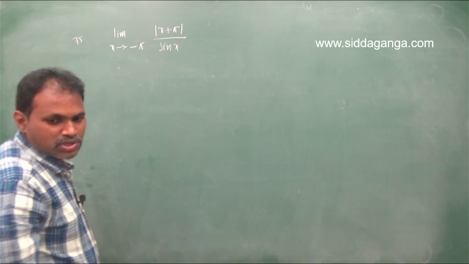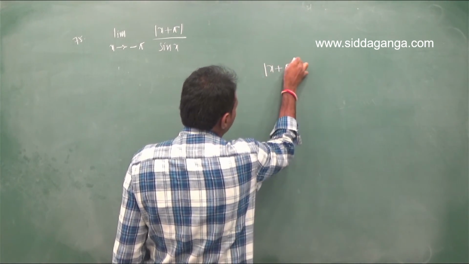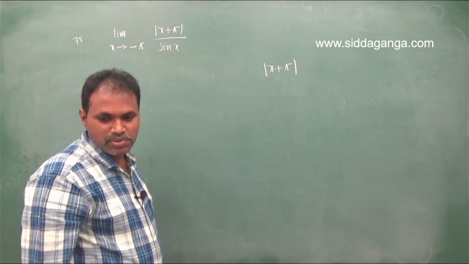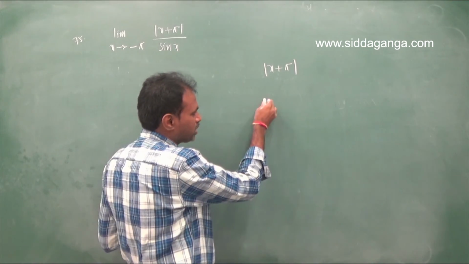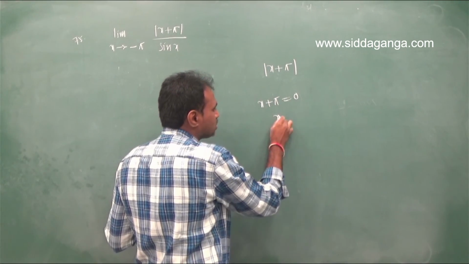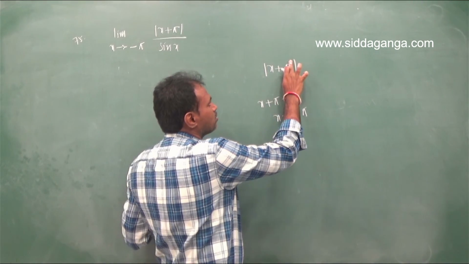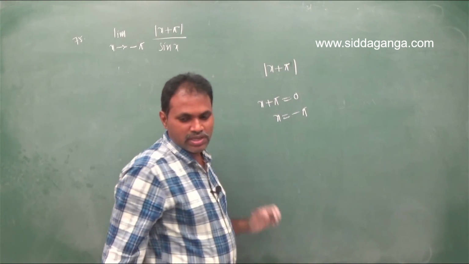We know the property for mod of x plus pi. Mod of x plus pi will split at minus pi. Why? Because if you put x plus pi equal 0, then x equal to minus pi. Therefore, mod of x plus pi will split at minus pi.